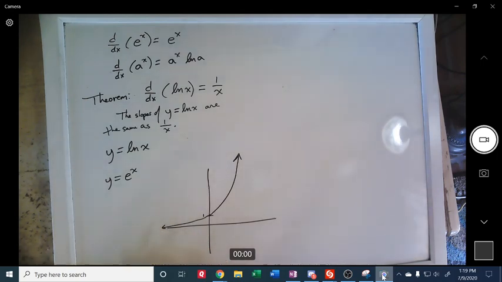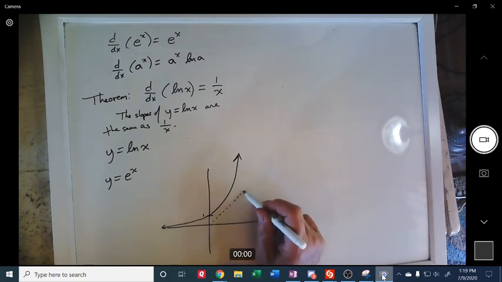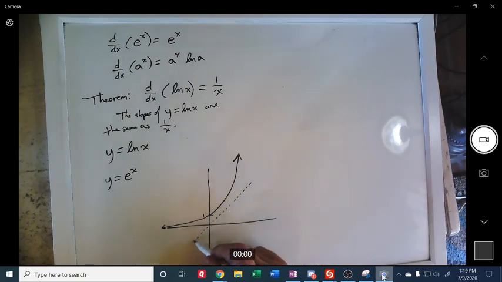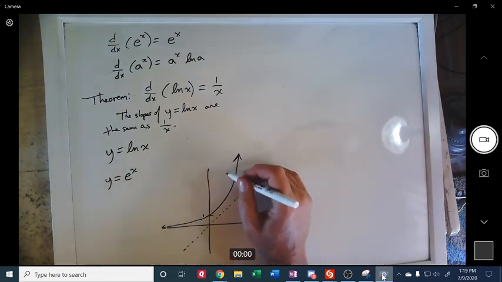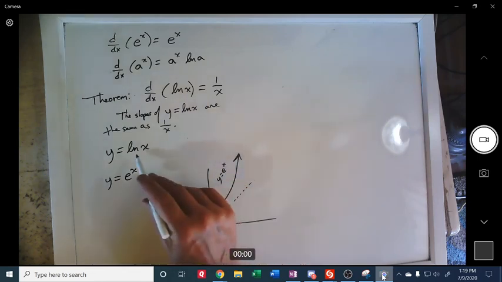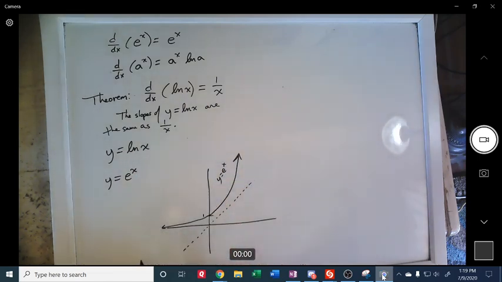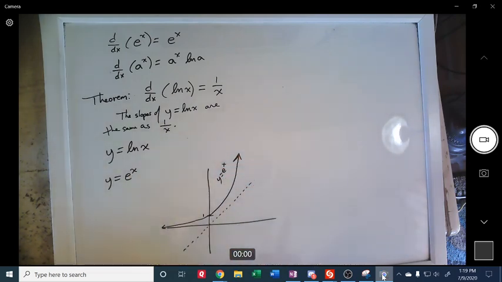Now, that's e to the x. The natural log is the inverse function. The inverse of any function is a reflection of this across the line y equals x.